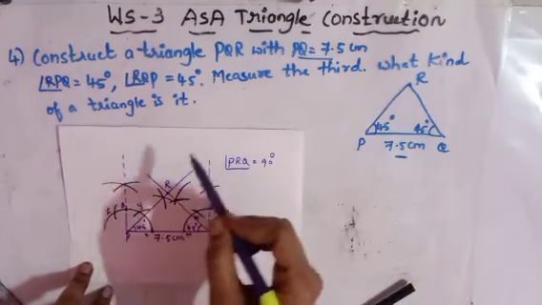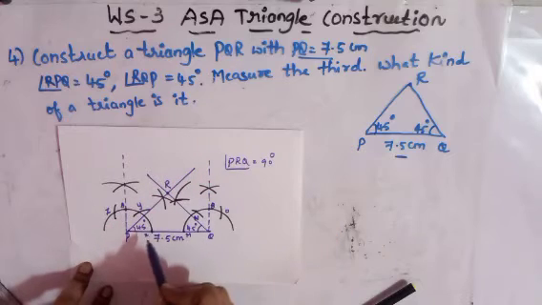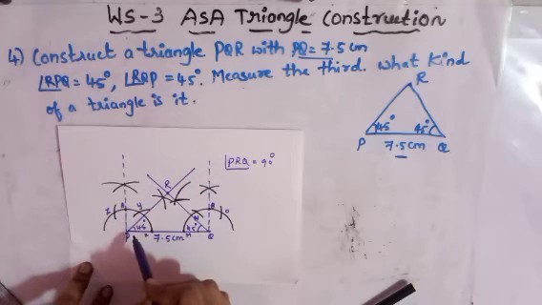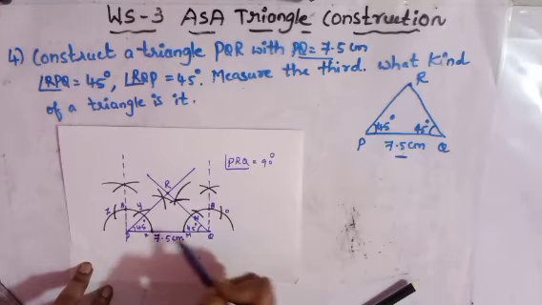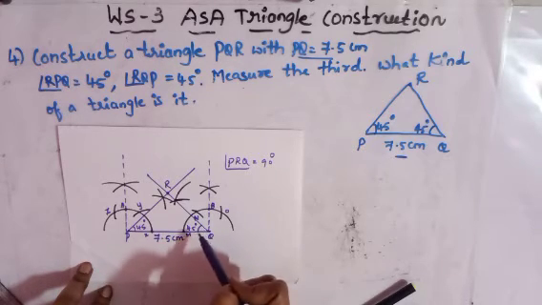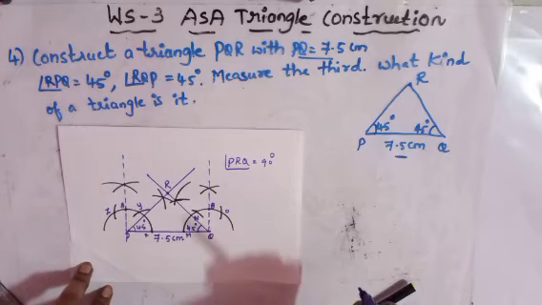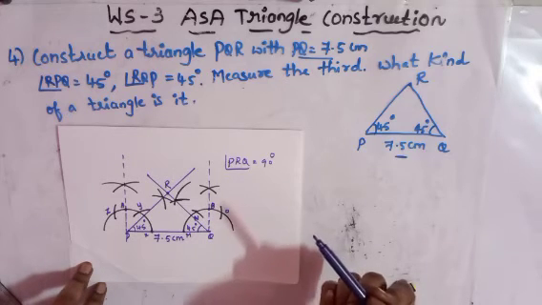And what kind of triangle is it? Now see, both the angles are equal, 45 degree: angle P is 45 degree and angle Q is 45 degree. When both angles are equal, what type of triangle is it? It is an isosceles triangle.